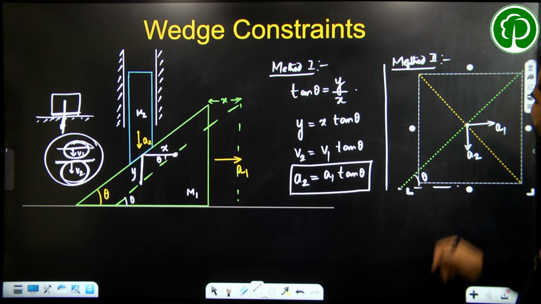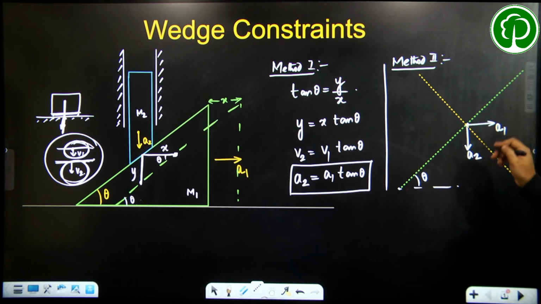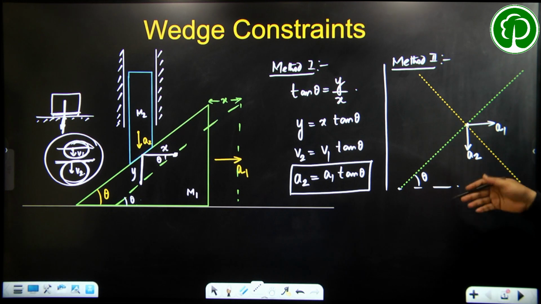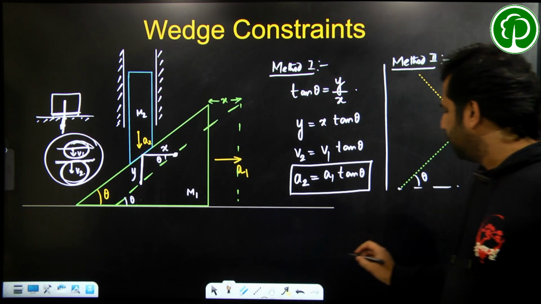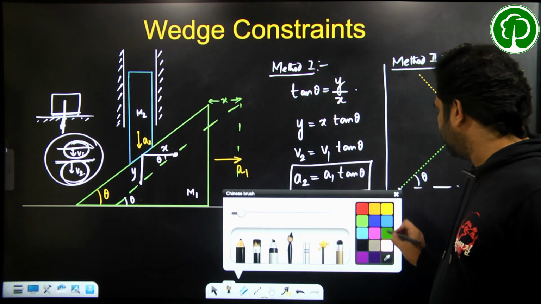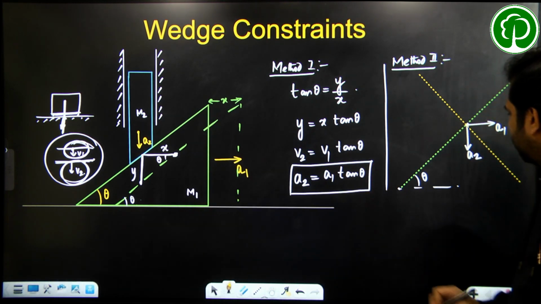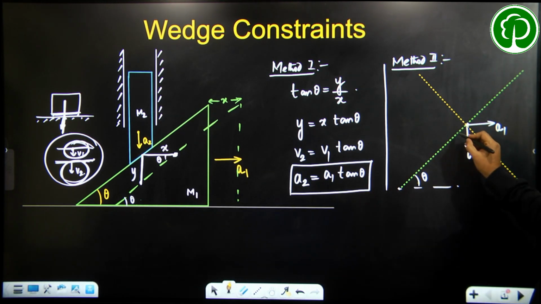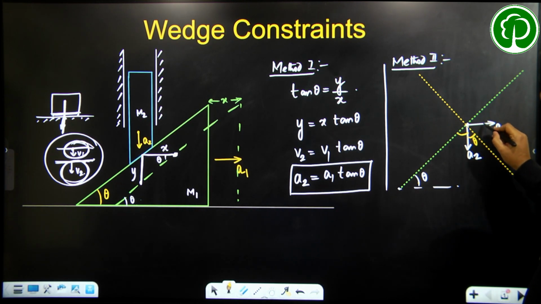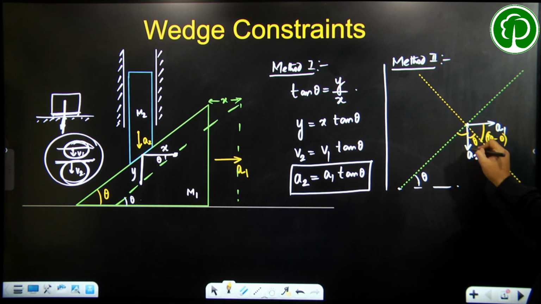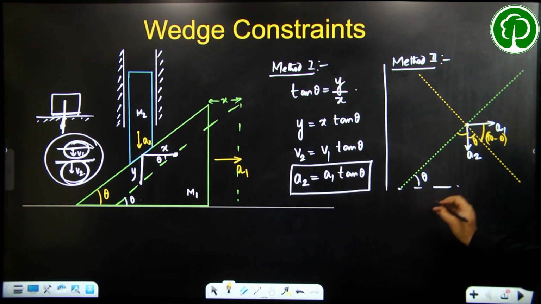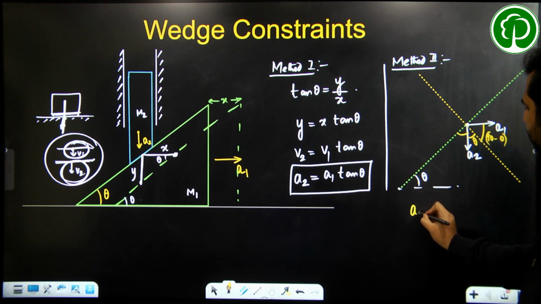The components of accelerations of the two surfaces along the normal to the contact must be the same because they are in contact. Applying this logic, with just one step we can arrive at the same result. If this is theta, then this angle is 90 minus theta. The component of A2 along this yellow dashed line, the normal to the surface in contact, is A2 cos theta.